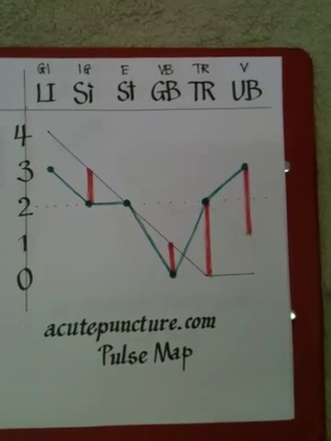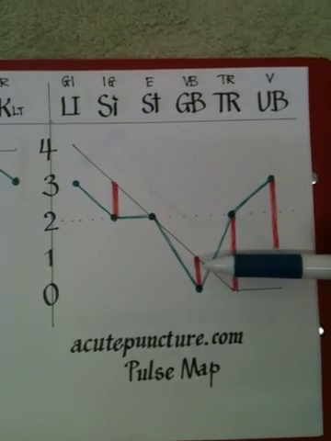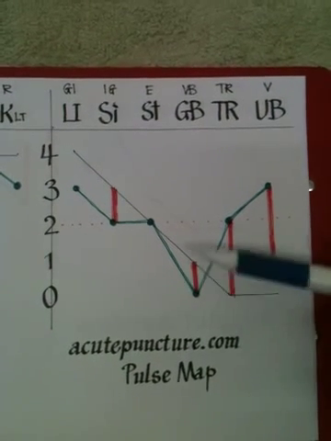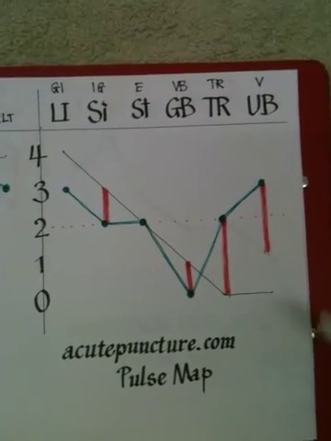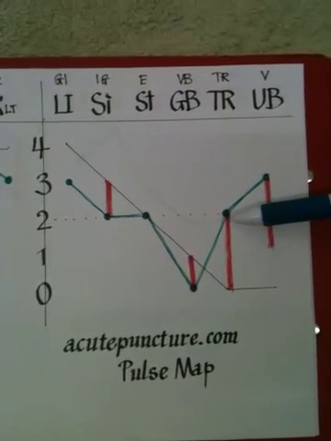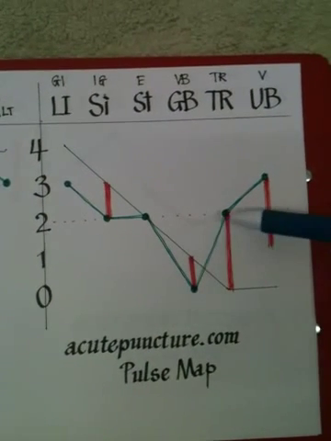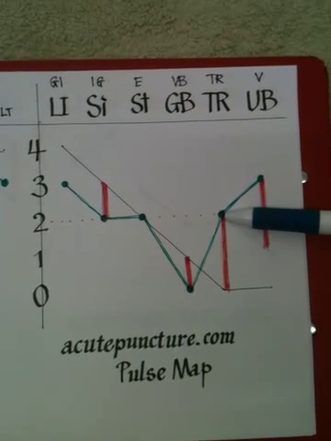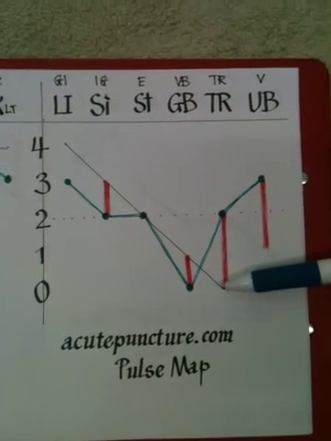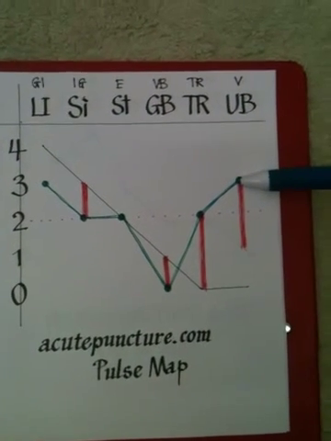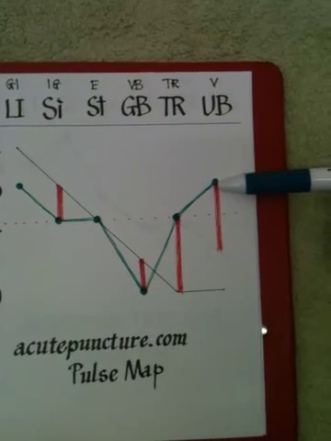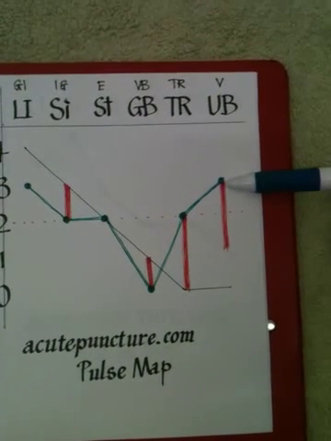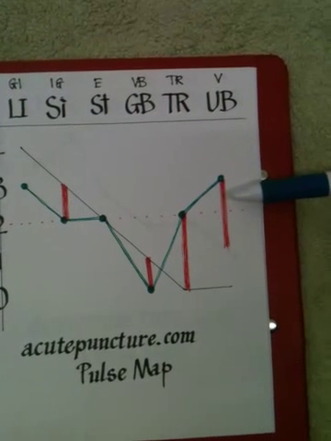So in this case we need to stimulate the gallbladder and small intestine meridian, and prevent penetration and disperse, in this case, the humidity from the Sanjiao and the heat from the urinary bladder meridian.